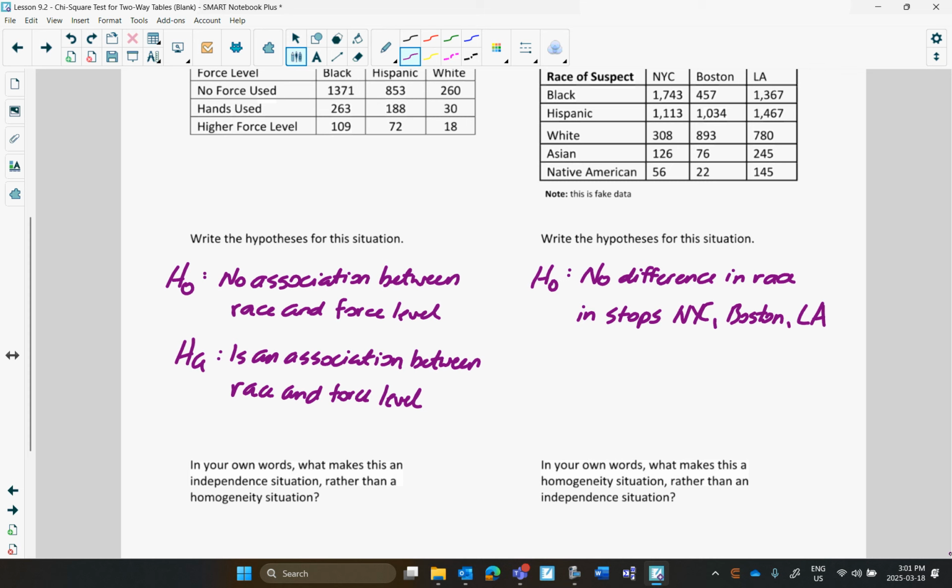The alternative: there is a difference in race in stops in those three populations.